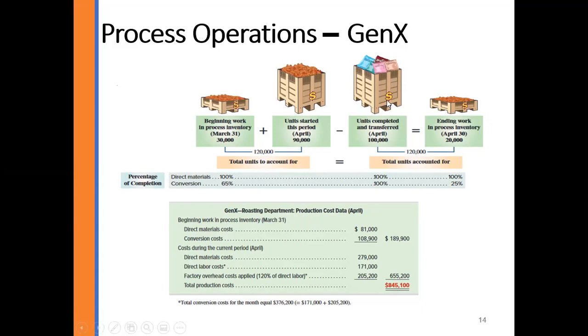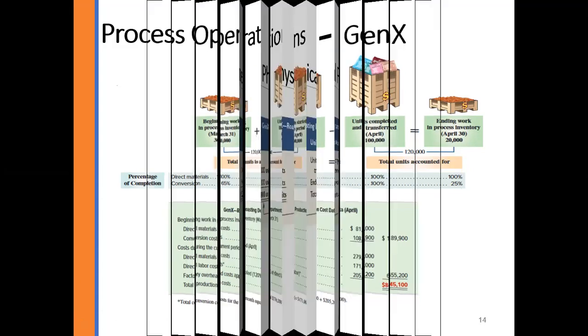With the units transferred out, the units completed, obviously they had 100% of material cost and 100% of conversion cost applied to them, right? They were completed, so they were 100% done. And then in our ending work in process inventory, those units have 100% of the material cost applied, but only 25% of labor and overhead, the conversion cost, applied. So again, based on this data, we're going to determine and prepare that production cost summary.